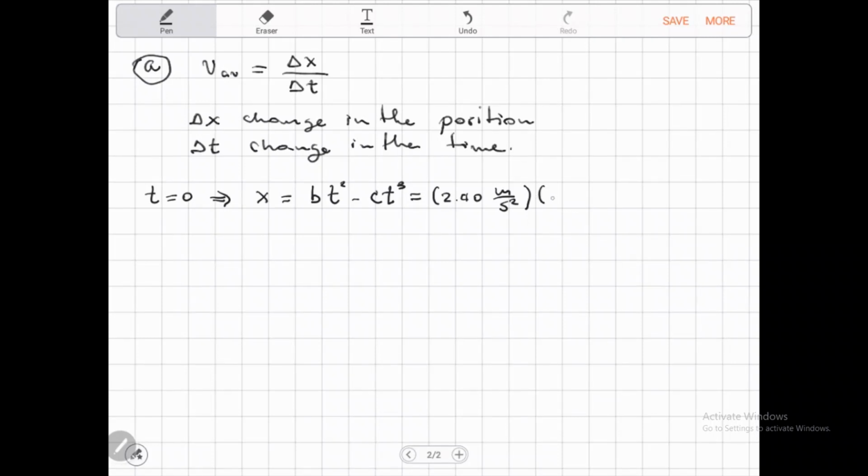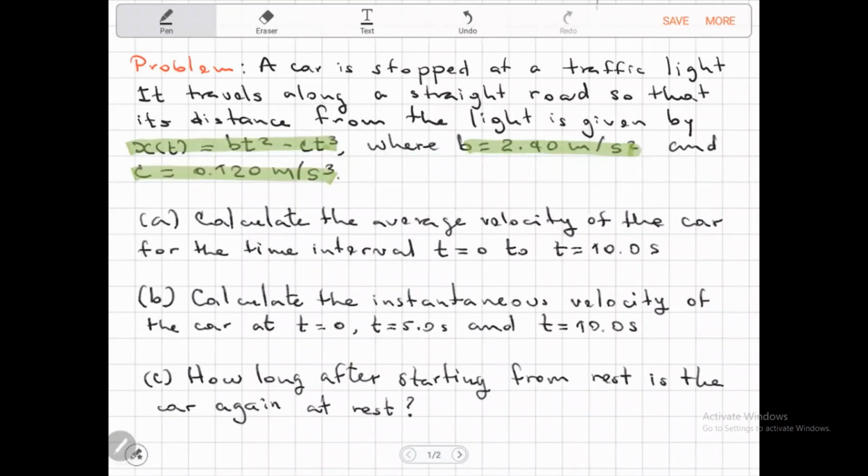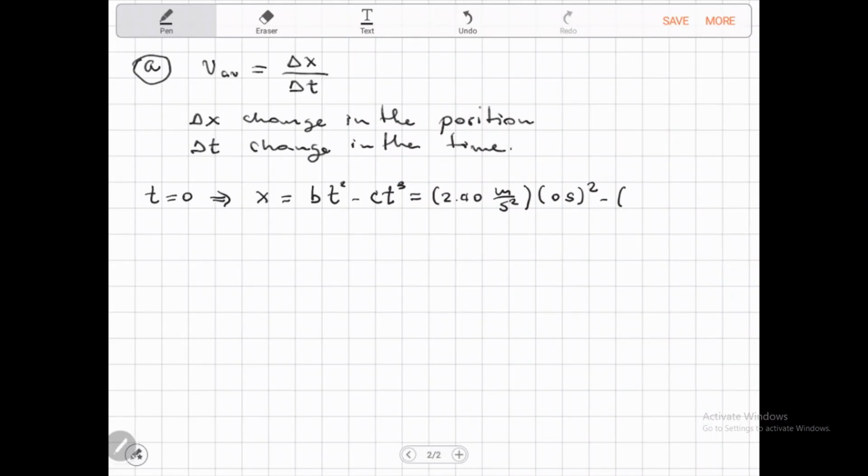So it's 0 seconds squared. Now minus c. But what is c? We come back to the first page and we see that c is equal to 0.120 meters per second cubed. So that's the number that we put into the formula here, 0.120 meters per second cubed.